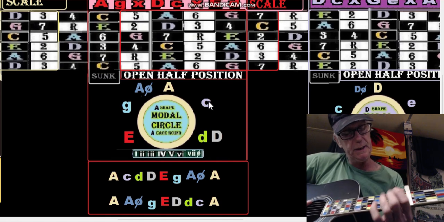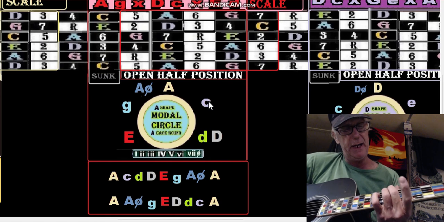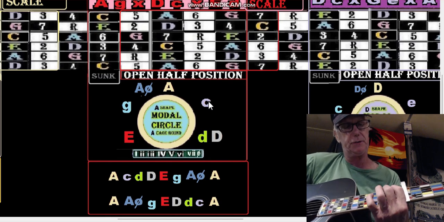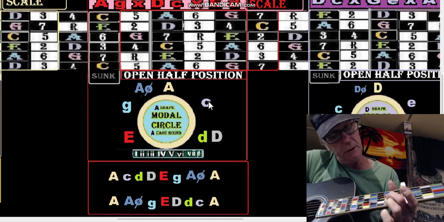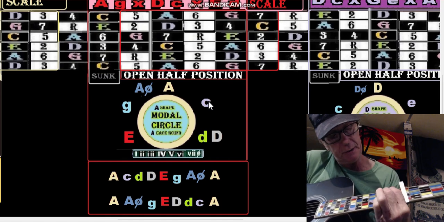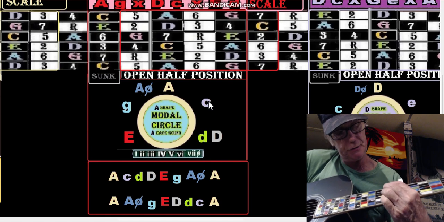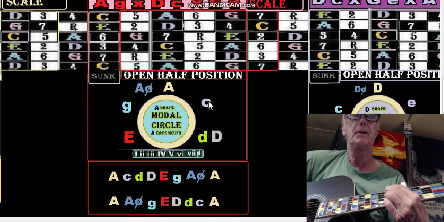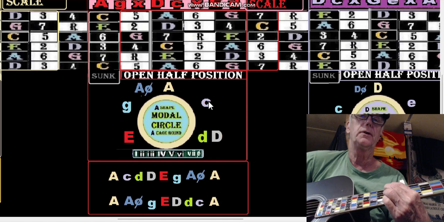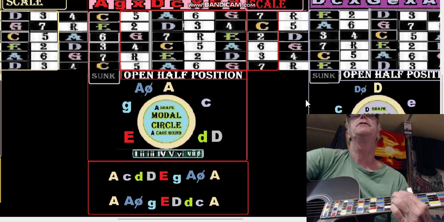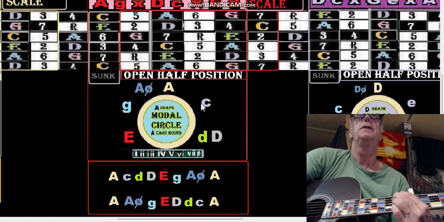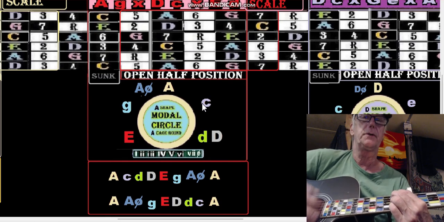We don't have so many fingers to deal with. If we want to hold down these two on the bottom, we can always get the other two on the top here, and it looks like this. It's a seventh chord. That's our C minor seventh half position chord.